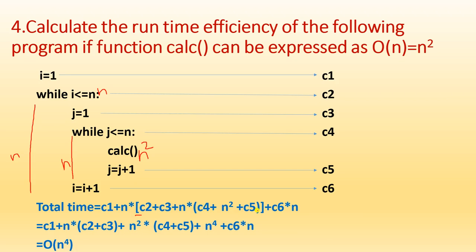Now this bracket is closed and the big bracket is also closed, plus C6 multiplied by n. This I is equal to I plus 1 is part of this outer while loop, that's why it also multiplies by n. So when you calculate it, it will give you the dominant term, n to the power 4. That's why the answer is n^4, the runtime efficiency of this program.